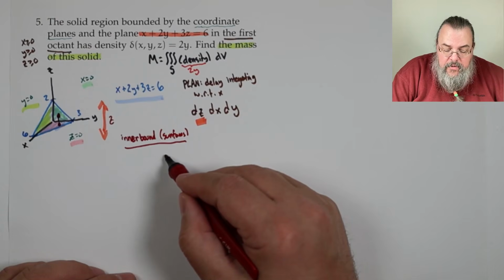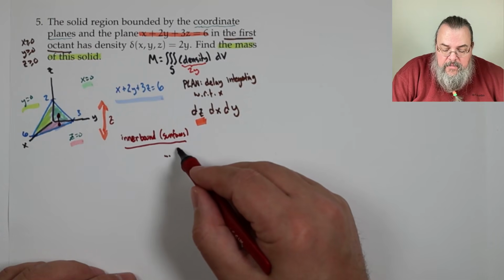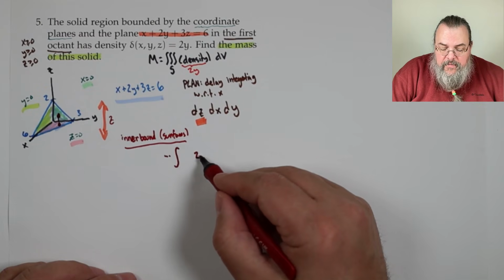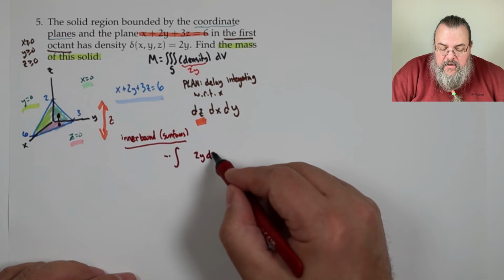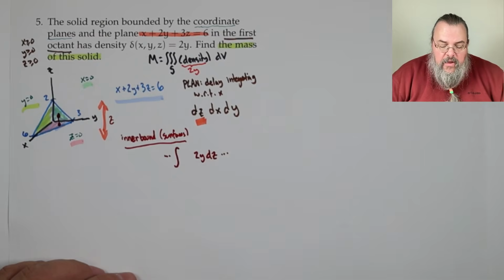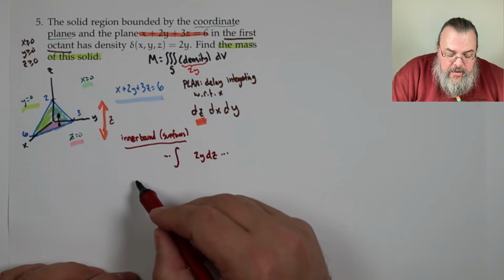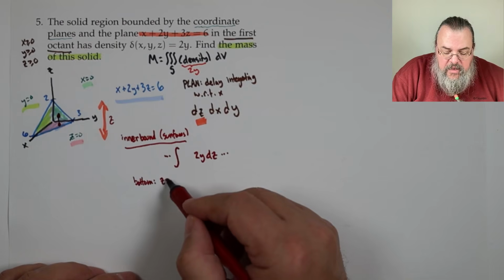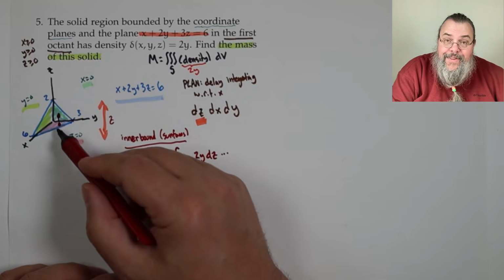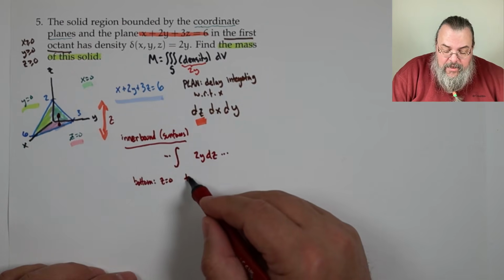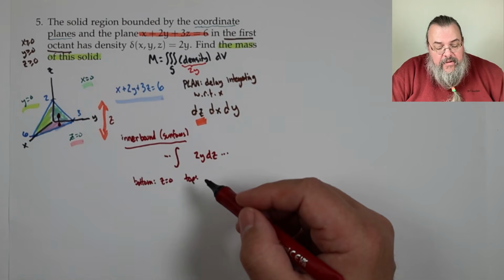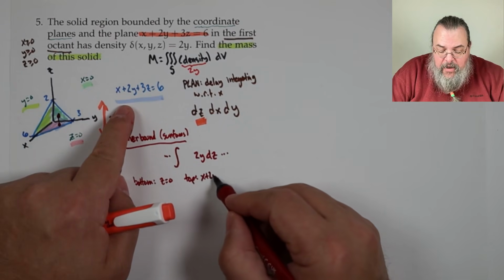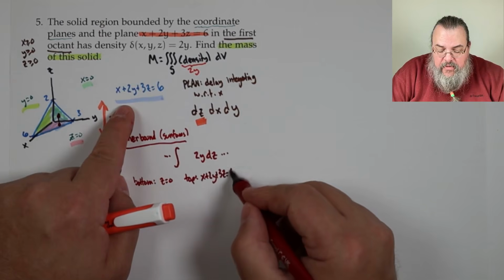Before I get too far along, I'm going to set this up for reference. Integrating, our function is 2y dz. The bottom is z equals 0. The top is the other plane, x plus 2y plus 3z equals 6.